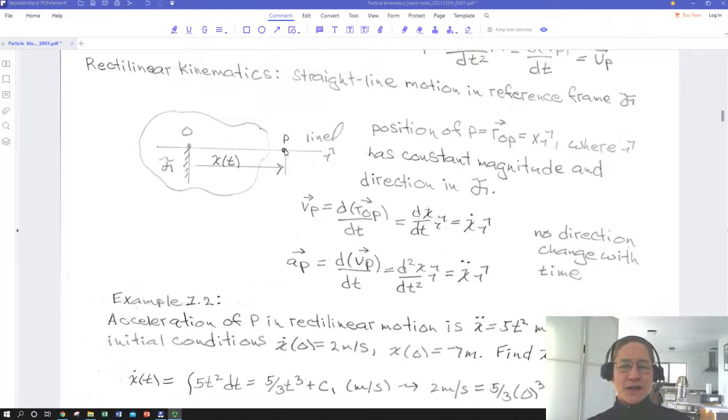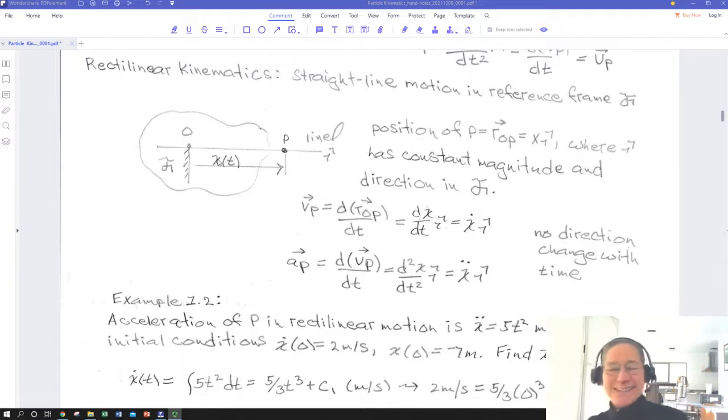So our position of any point of interest, like P, for instance, would be ROP, just like it was in the general case, but that R now only has a single vector direction, a single vector component, which is the i hat direction. So if we define the distance along that line in the i hat direction from our reference point O to point P as some x as a function of t, then basically we can define our position ROP, which is going to be a function of time, probably some function of time.